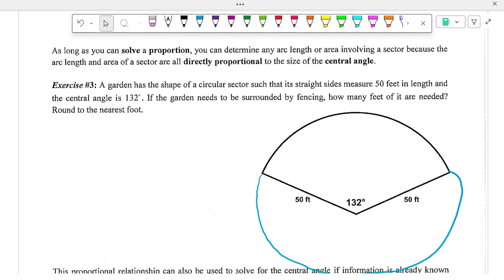Wait, so that's the two. That's 2 pi. Oh, so it's the same. Yes, you do it all. And then you add on to the other. You're finding the whole.